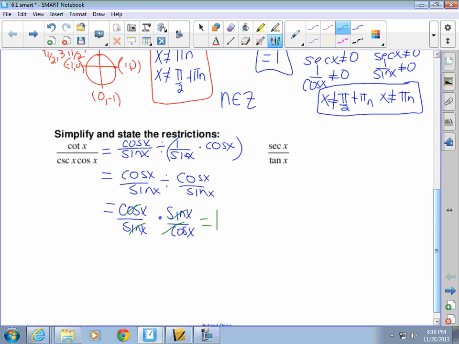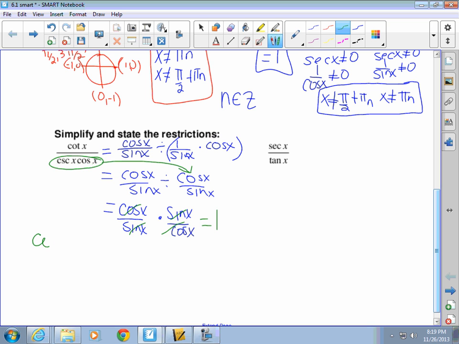So I need to restate my restrictions. Since cosecant x, cosine x is the same as this, those are my two restrictions that I'm working with.